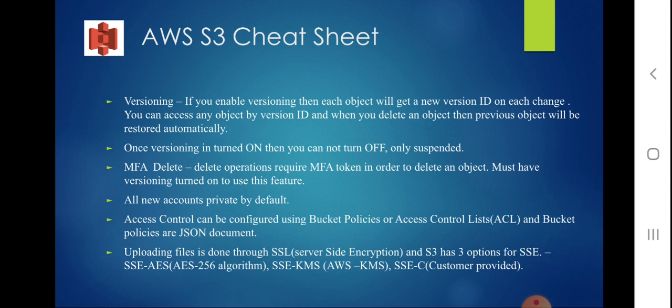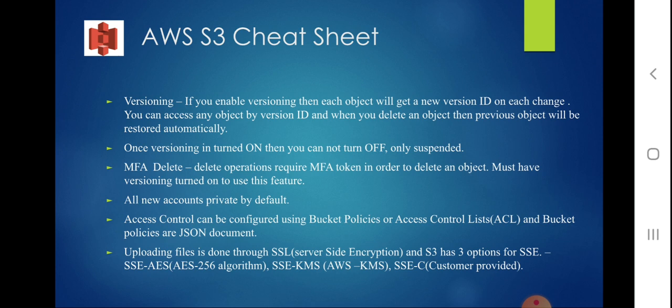And the access control can be configured using bucket policies or access control lists, and bucket policies are JSON documents. So you can create a JSON document with all the access controls. Access controls are nothing but which group or which users, what kind of users, can access your data.